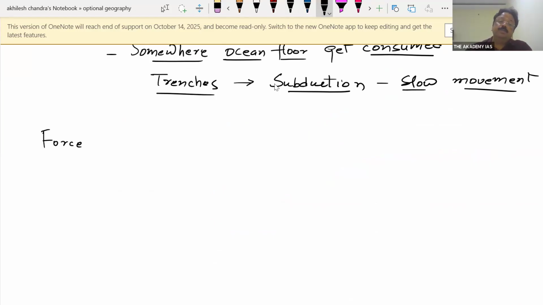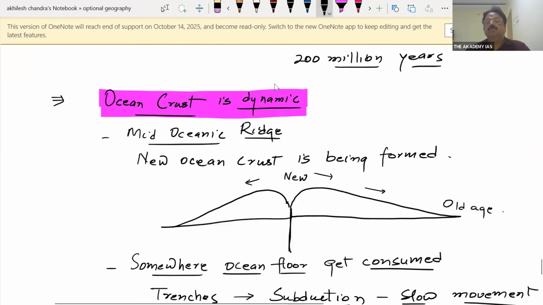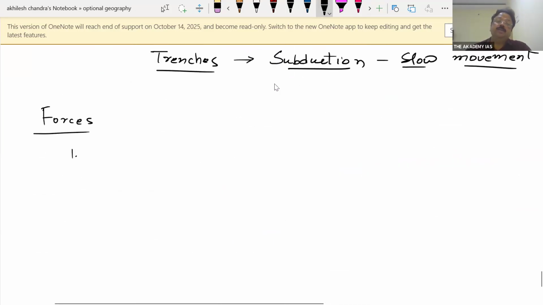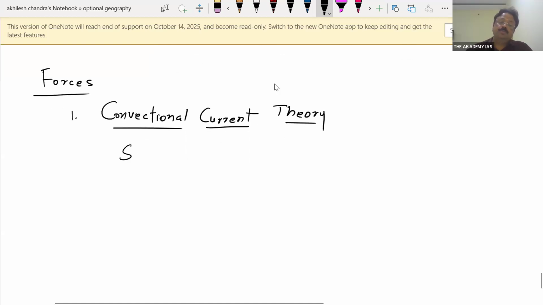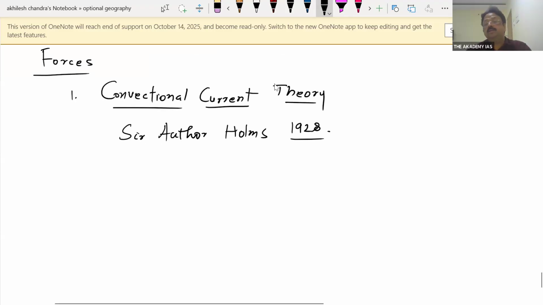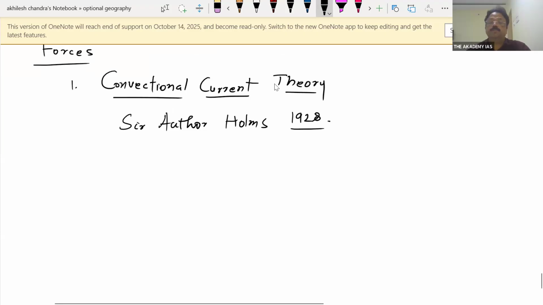To understand the forces which cause the crustal movement has to be studied. And the first theory was the convectional current theory. It was proposed by Sir Arthur Holmes in the year 1928, in order to understand the endogenic forces, which are responsible for crustal movement.